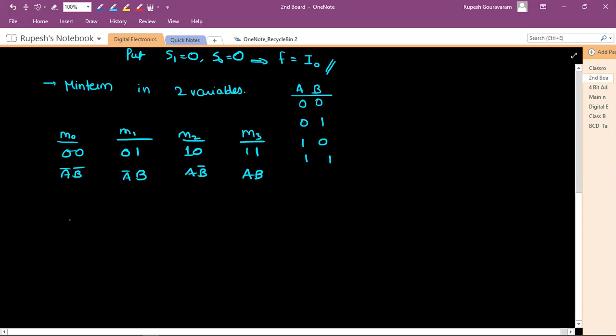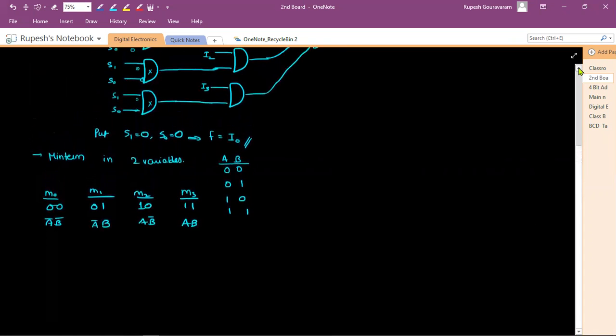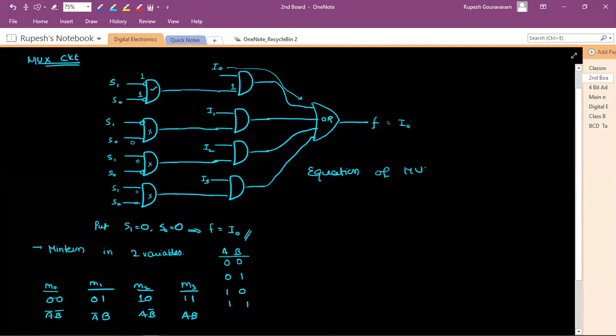Okay. Now the same above equation. If you see this diagram, then you can say that the equation of the multiplexer, that is mux, F, I can write simply as M0 I0 plus M1 I1 plus M2 I2 plus M3 I3.